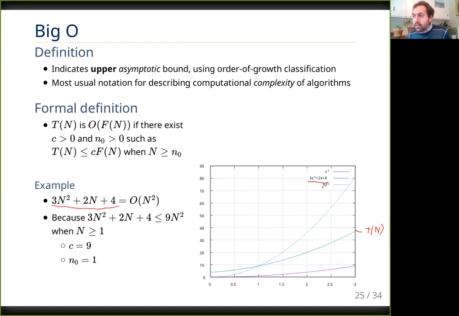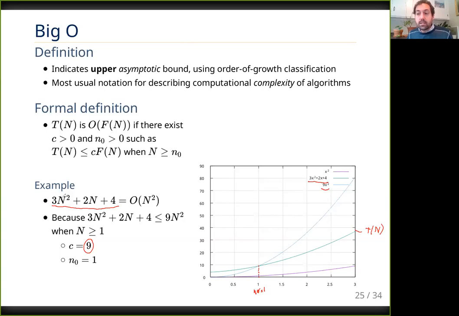The blue line, 9n squared, is pretty much the one that we came up with, which corresponds to the equation n squared times 9, the value that we just found. And we see that for everything above n0 equal 1, the blue line, 9n squared, will always be above the green line, which means that it's an upper bound.